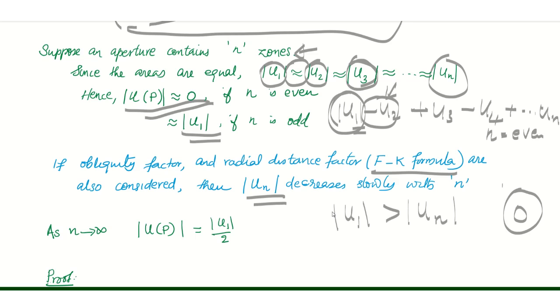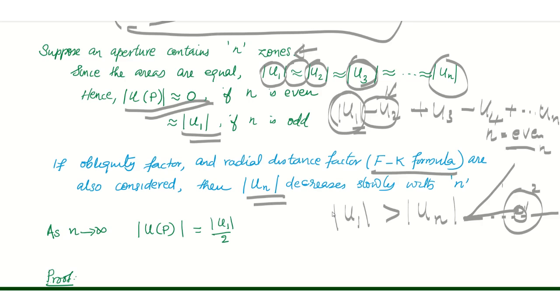Like if we have several zones, one, two, and then you have n. Here you have the source point. It is almost parallel to the central line for the first zone.